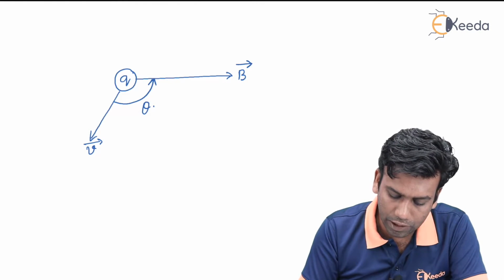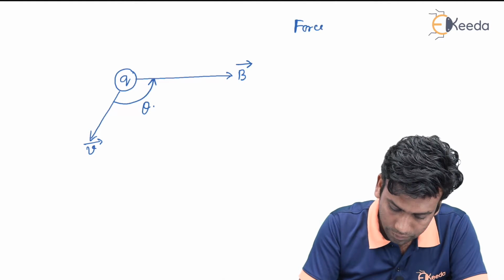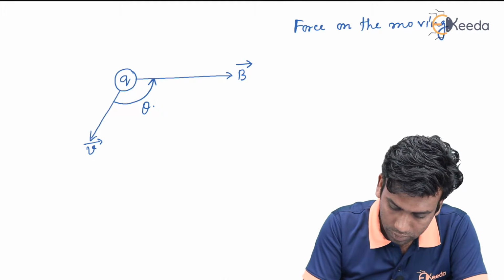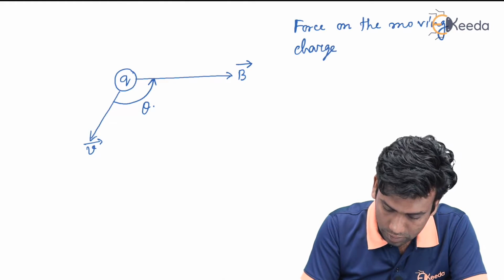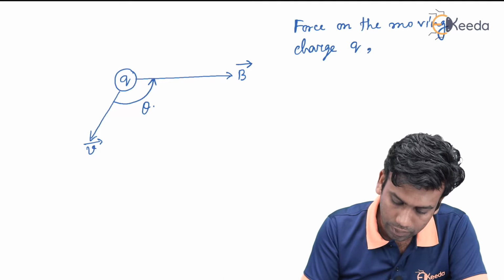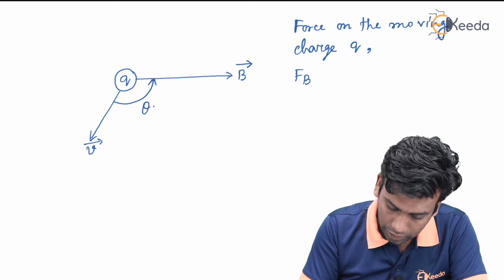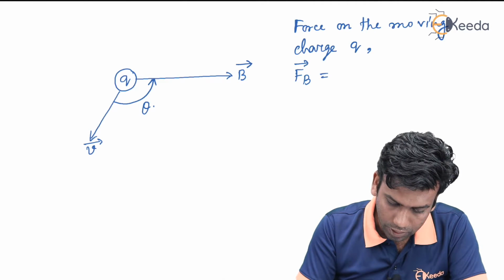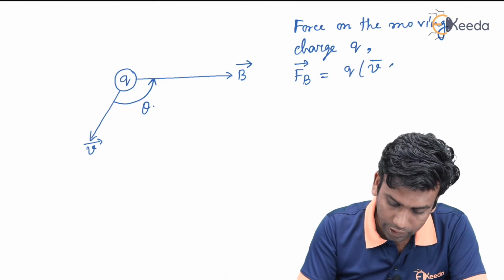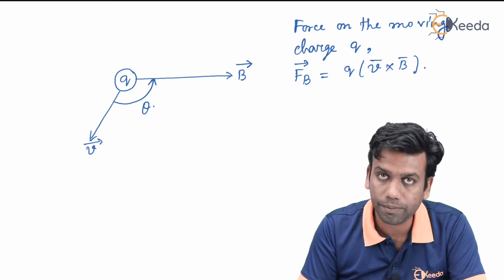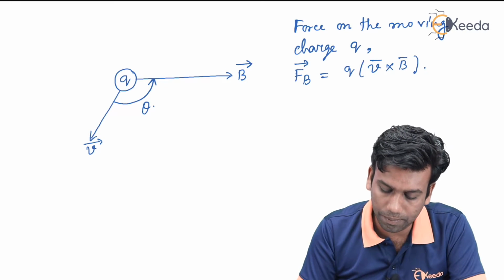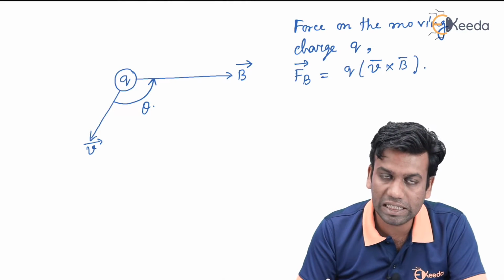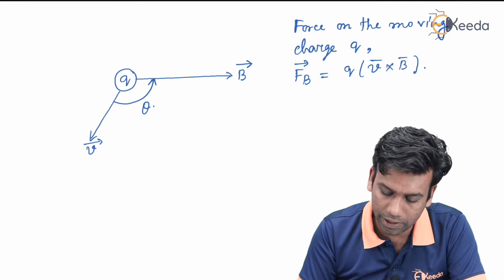So, the magnetic field will give a force on the moving charge q, and if I denote it as F_B due to the magnetic field, it will be q into V cross B, where V is the velocity of the particle and B is the magnetic field present at angle theta to the velocity of the particle.